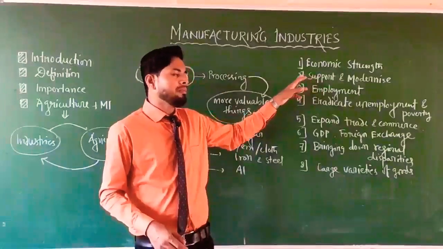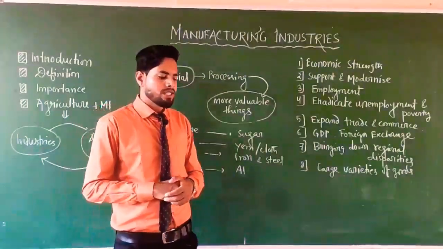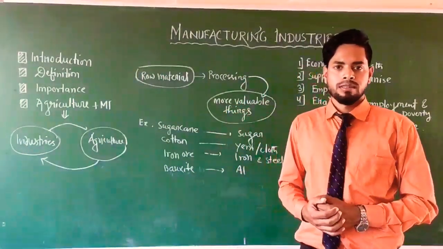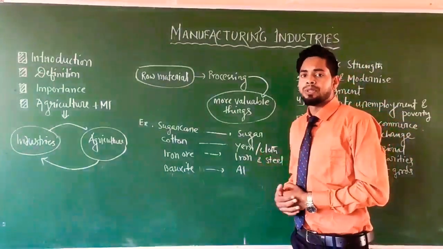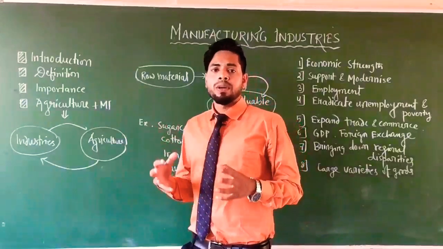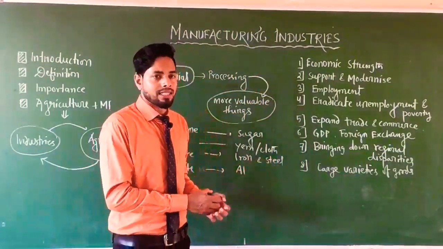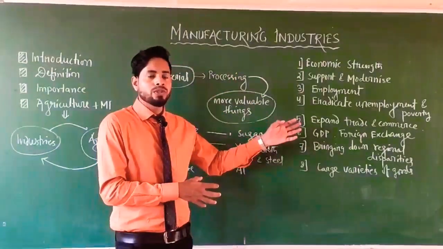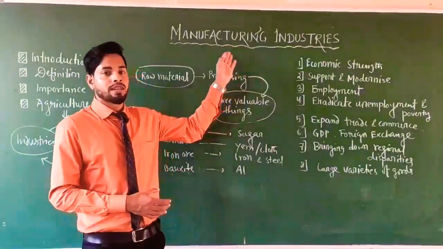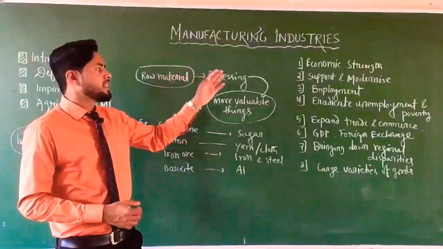Then manufacturing industries also provide job opportunities, employment opportunities to lots of people. Those people are still dependent on agriculture. They get new job opportunities given by the manufacturing sector. Next, eradicate.